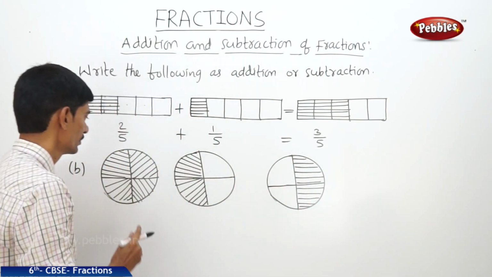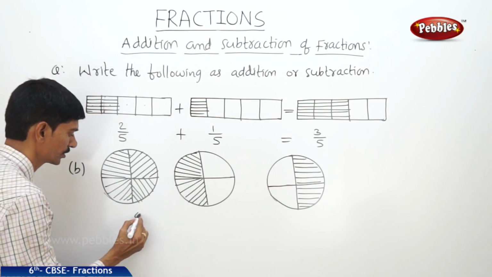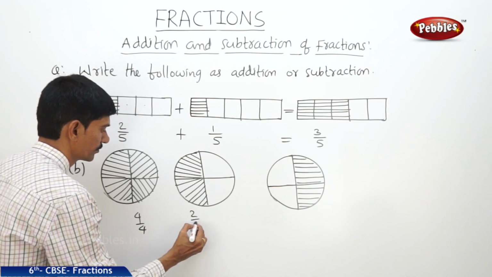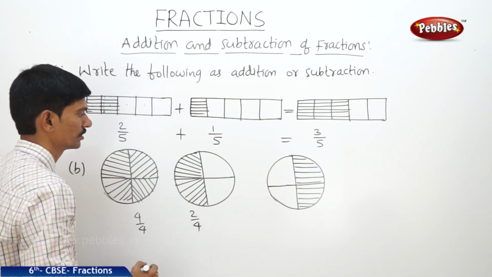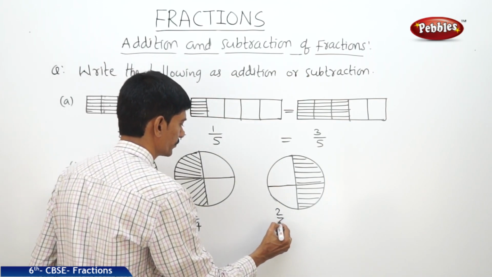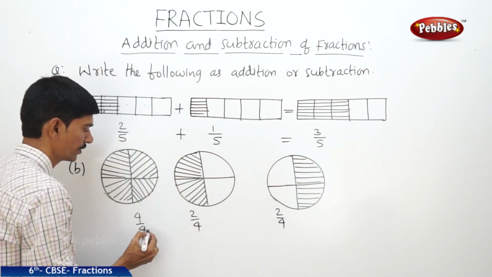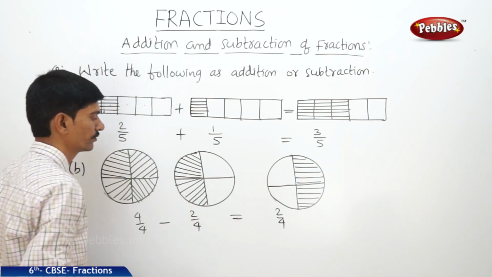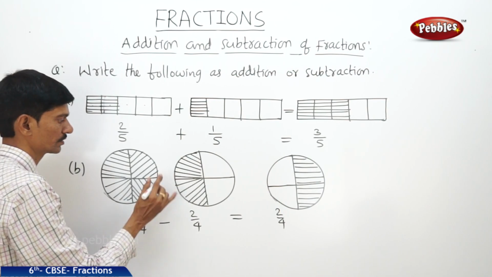So 4 out of 4 parts are shaded, so this can be written as 4/4, and here 2/4, 2 are shaded. Then we get the other 2 shaded parts, so 2/4. Now 4/4 minus 2/4 equals 2/4. So then we can use subtraction.